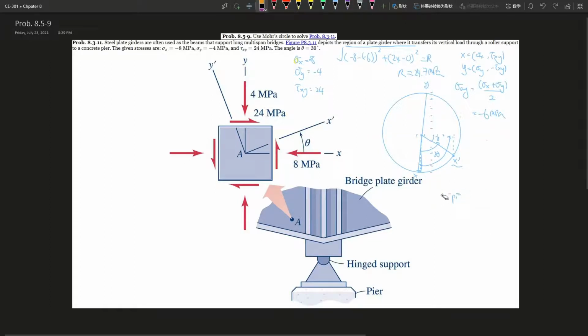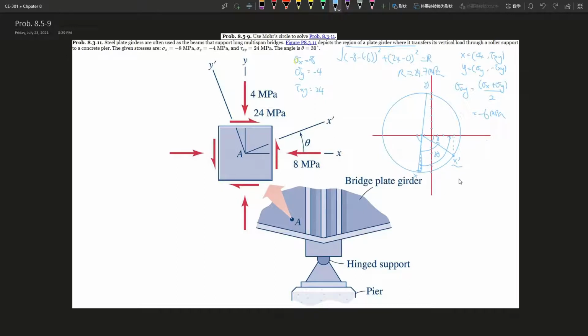Before I jump too far, let's find out the angle over here, this angle, right? We know the position of x, and we know the x and y direction of x.